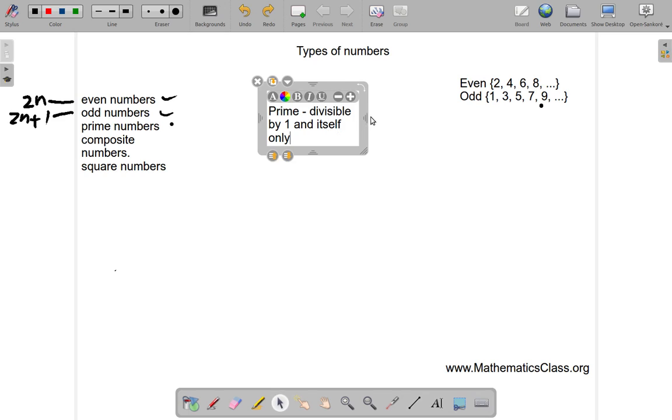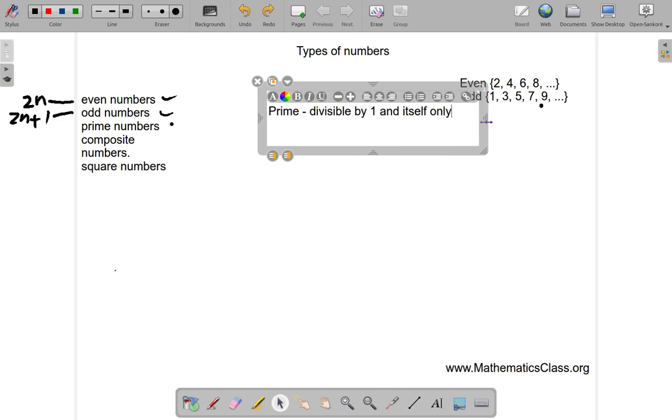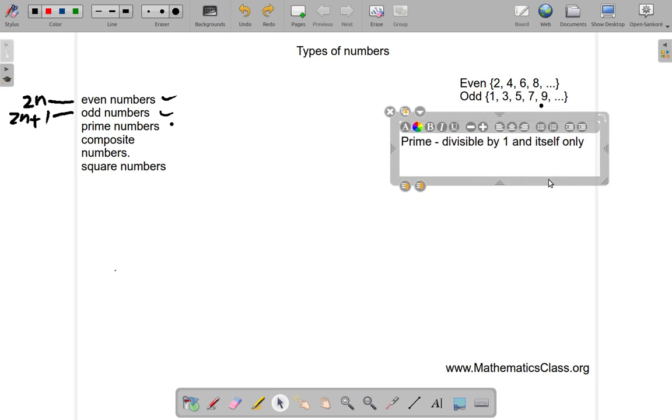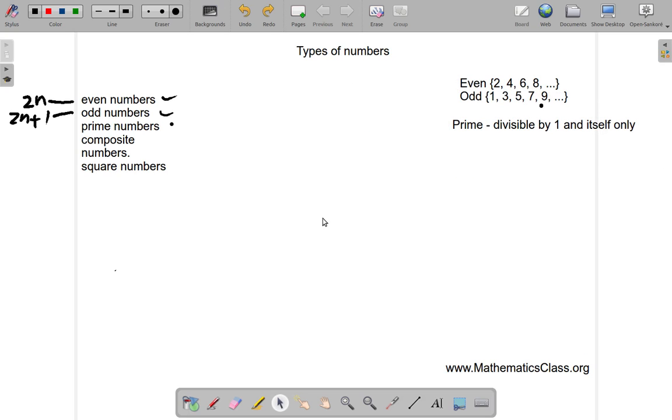No other number. Any other number you try to divide it by, you get a fraction, right? So, examples of prime numbers would be like, let me see now, you have 2. The thing is, 2 is an even number.